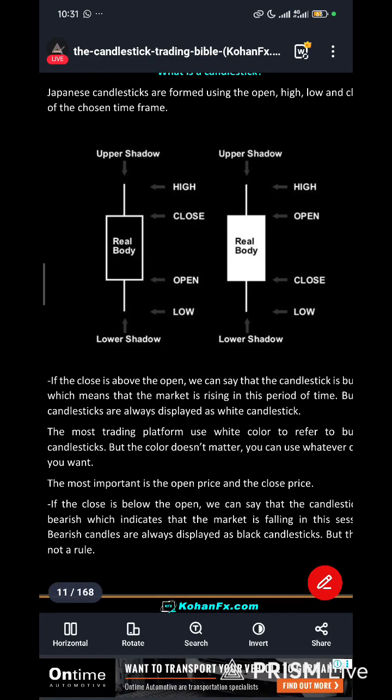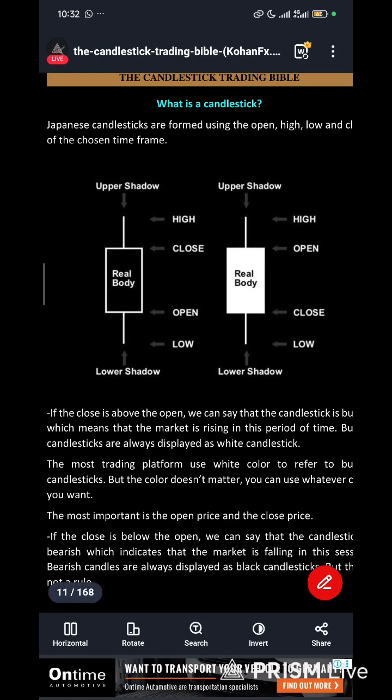So now, what do the close and open mean? Literally, we know that the open price is where the candle started, the close price is where it ends.